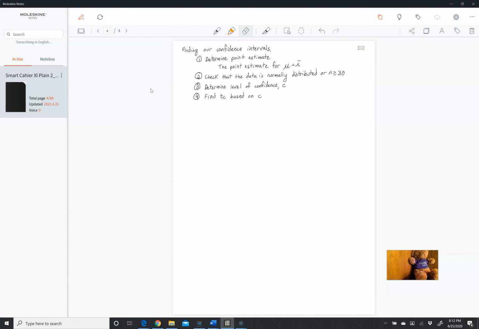So based on your C and your degree of freedom, which is equal to n minus 1, right? That's what you need. So no calculations. The only calculation that you're doing is n minus 1.